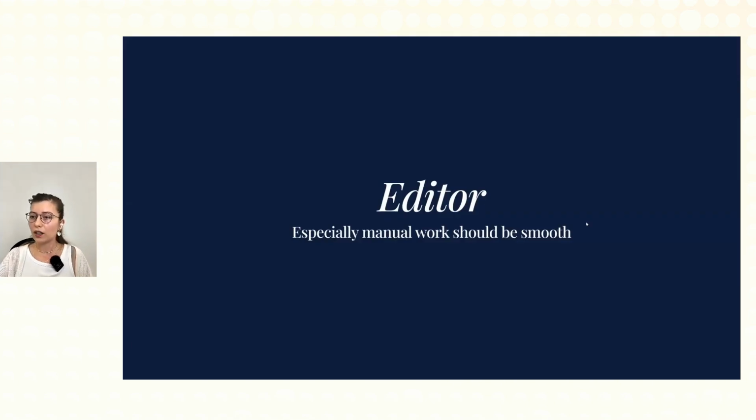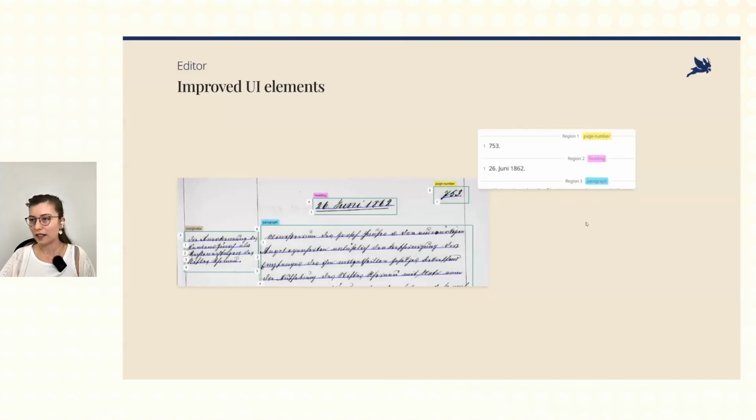What we've also been working on is the editor. Especially manual editing and manual work should be smooth and should not be a hassle, but we want to make it even easier for you, which is why we've worked on some improvements there. The first thing that we've changed is the structural tagging and how it looks.